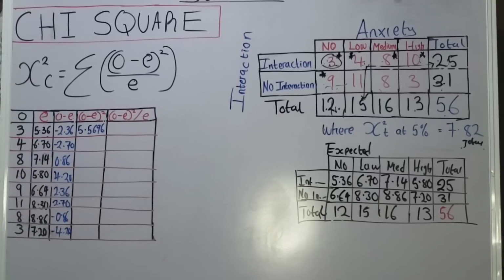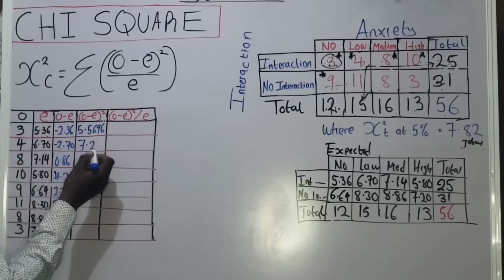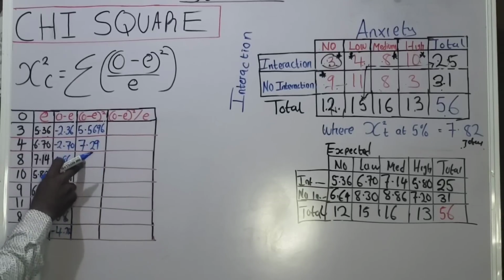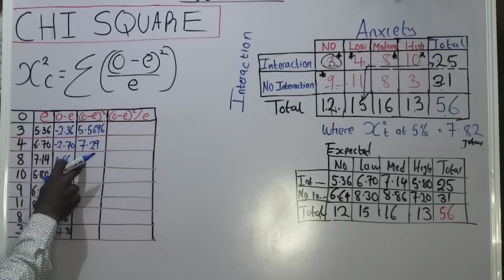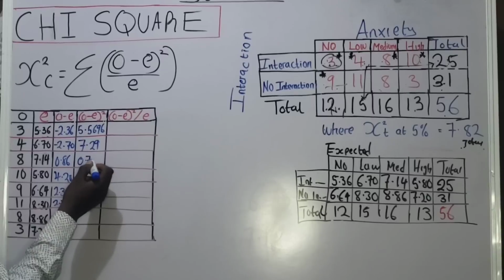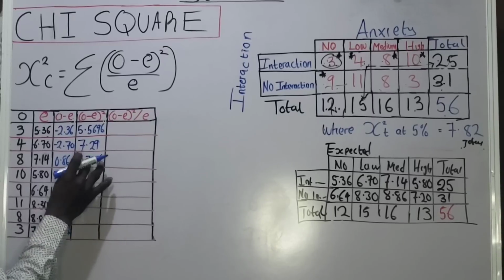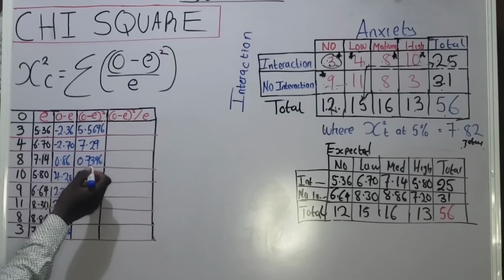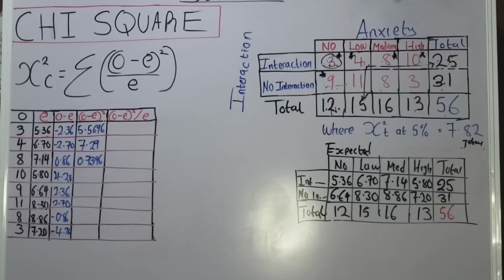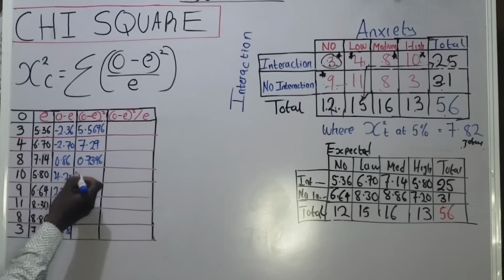Negative 2.70 squared is 7.29. 0.86 squared is 0.7396. 4.20 squared is 17.64.